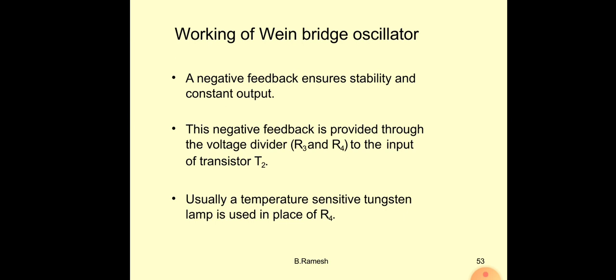Working of Wien bridge oscillator: a negative feedback ensures the stability and constant output. This negative feedback is provided through the voltage divider network, that is R1, R3 and R4, to the input of the T2 transistor. Usually a temperature sensitive tungsten lamp is used in place of R4.